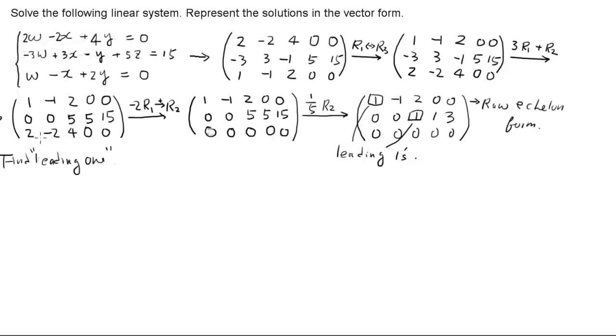So let's write down this one over here. We say, find the leading ones we have. We can use notation: A11 is the leading one, and then we can see A23 is also a leading one. Now, columns 2 and 4 do not have leading ones.